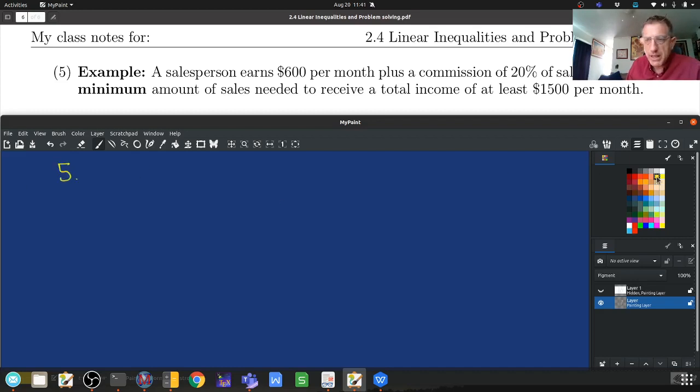So the first thing I want to note is the word minimum means at least, you want to earn at least $1,500, but more is clearly okay.